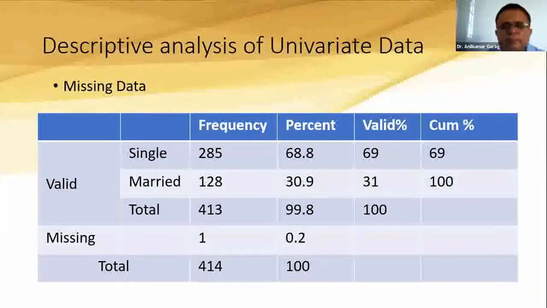Out of the valid entries, meaning 413 entries are valid, 69% are single, 31% are married, and so it is 100%. And the missing one is left away. So this kind of descriptive analysis gives us a mental picture of the distribution of whatever we have collected.